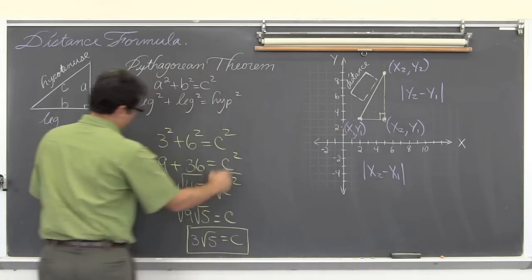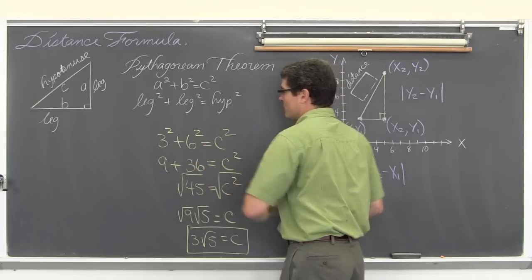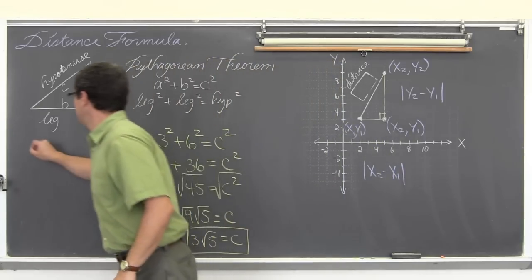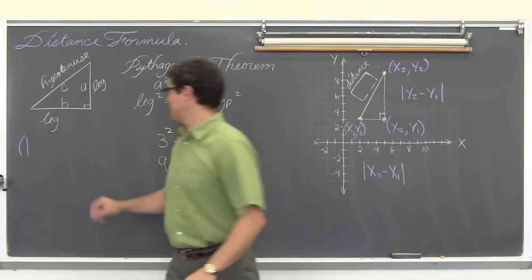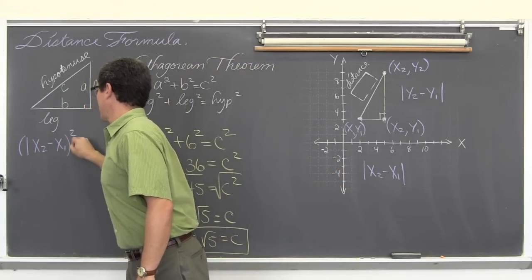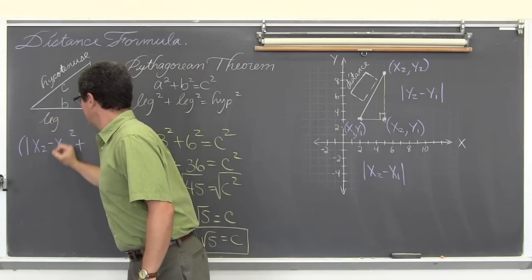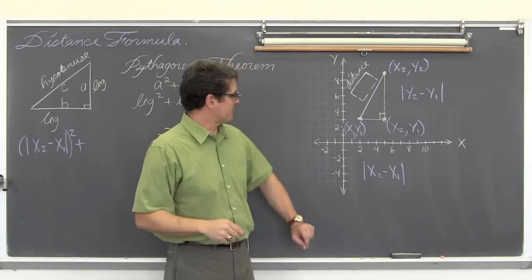So keeping up this pattern I have with the numbers just so you can refer back to it. The 3 was one of the legs, so we have the absolute value of one of the legs. Let's use the x sub 2 minus x sub 1 and square it plus, whoops, got to keep the absolute value symbols in there for a second.